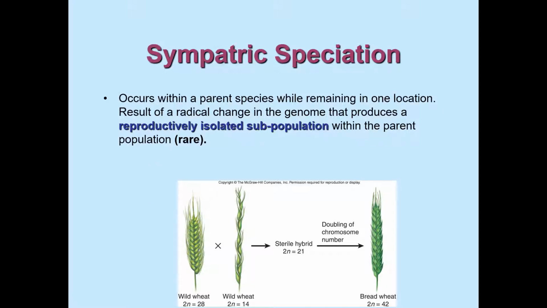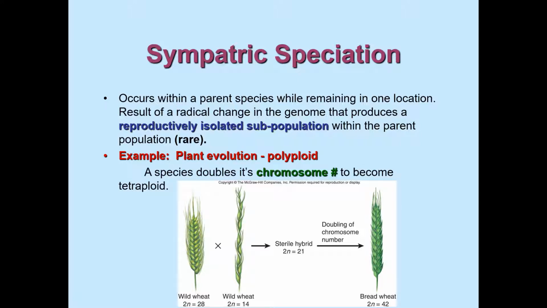Now, sympatric speciation occurs within a parent species while remaining in one location. That results in radical change, and it produces a relatively isolated subpopulation within a parent population, and that's pretty rare. Now, that sounds kind of confusing, but mostly they do this in plants, and what they do with these plants is basically manipulate the chromosome number.